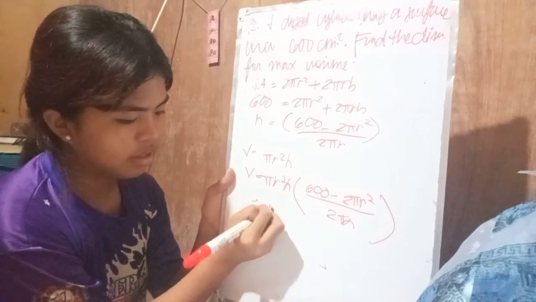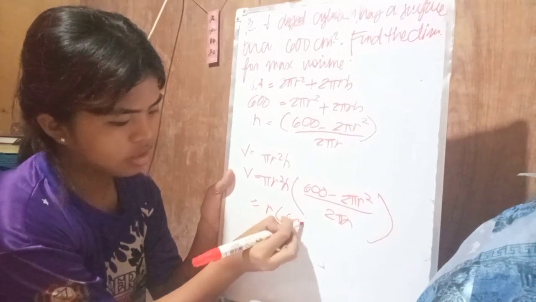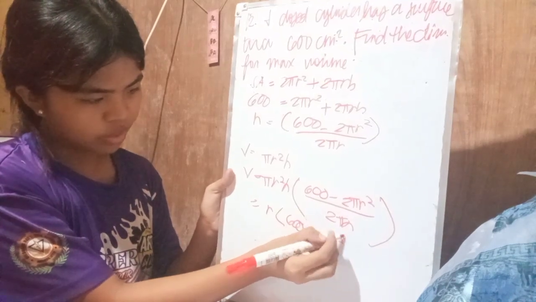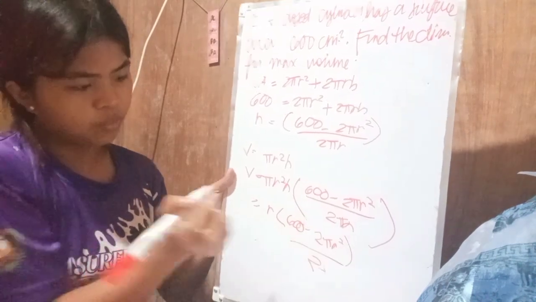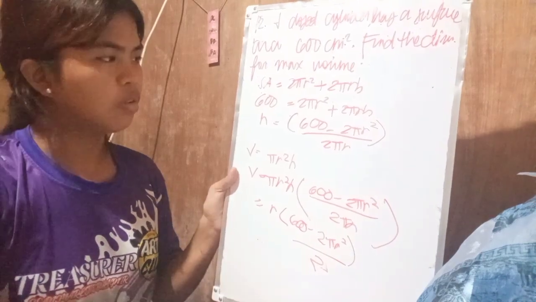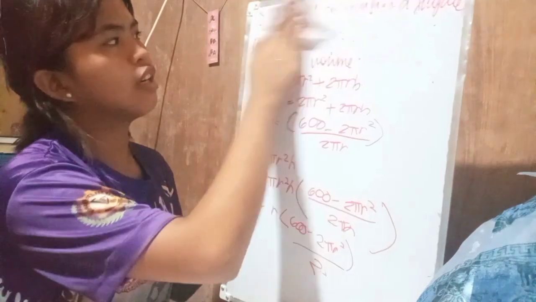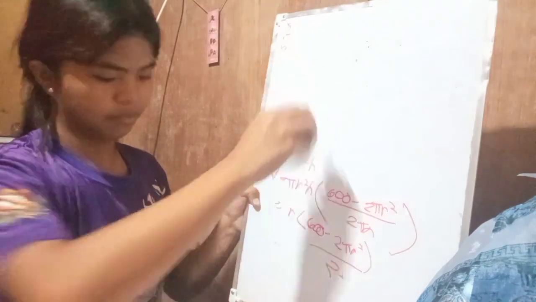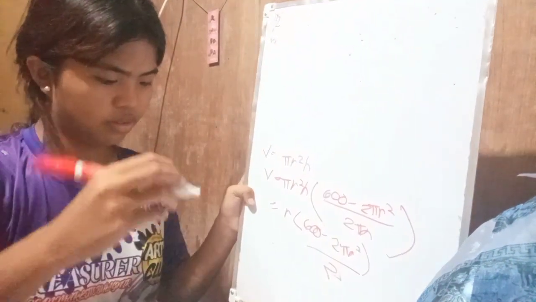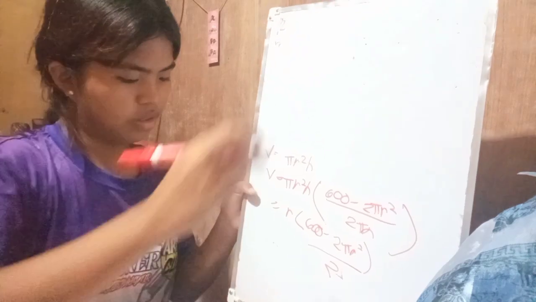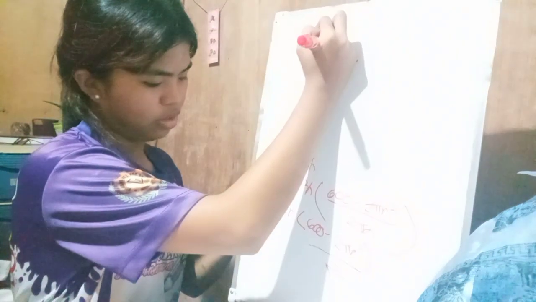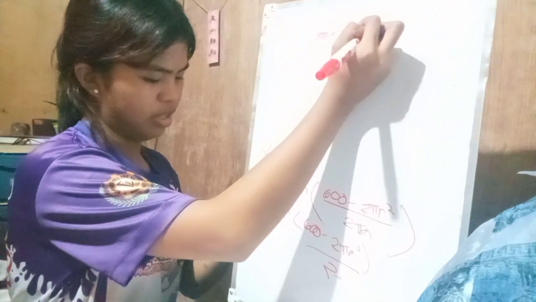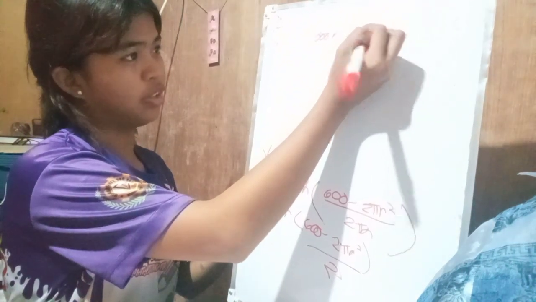After, we have 600 minus 2 pi r squared over 2. Since it doesn't fit, I will erase the r for the 2. Next, V equals 300r minus pi r cubed.